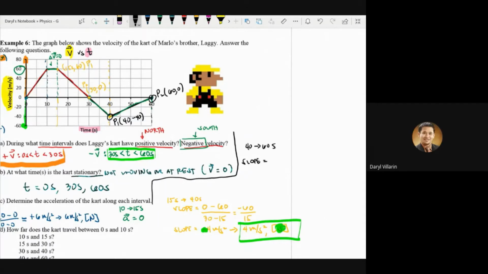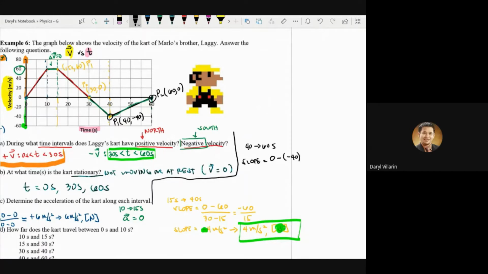Okay. So in this particular case, if you can see, my Y2 is 0. But in the formula of your slope, it's Y2 minus Y1, right? So minus, what is your Y1? Y1 is negative 40.